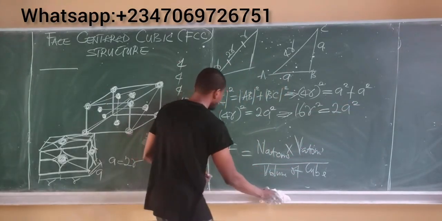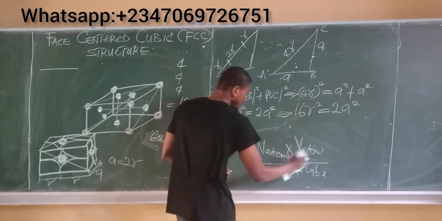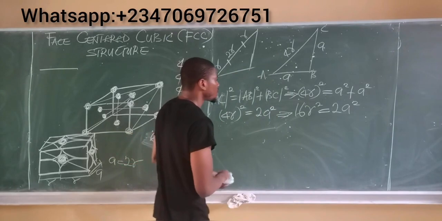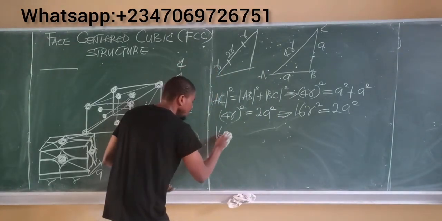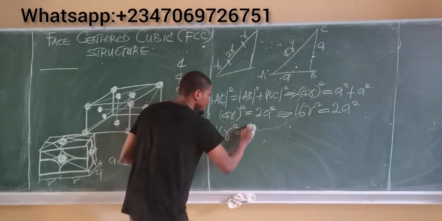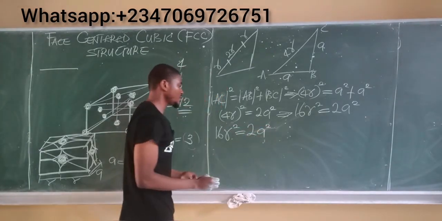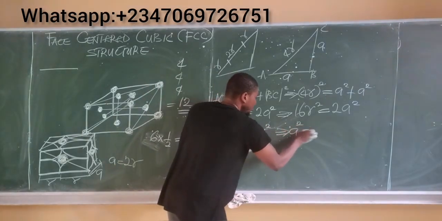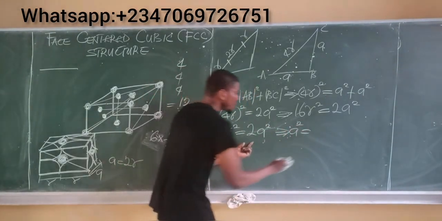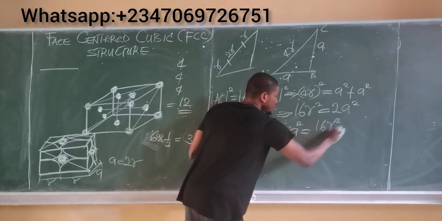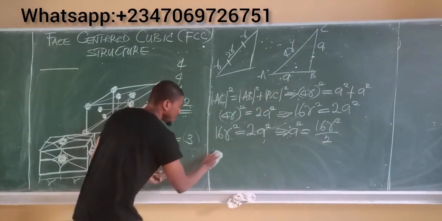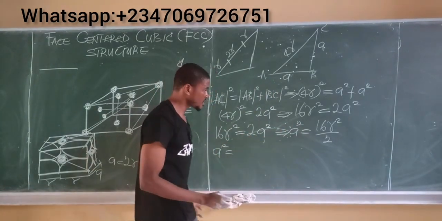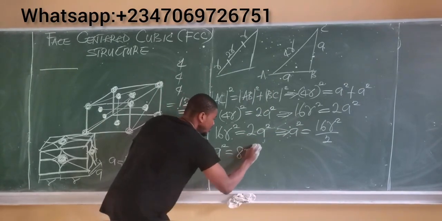So 16r squared is now equal to 2A squared. I want to make A the subject of the formula. This implies that A squared is equal to, dividing both sides by 2, 16r squared all over 2, and 16 divided by 2 obviously gives you 8. So you have A squared equals 8r squared.